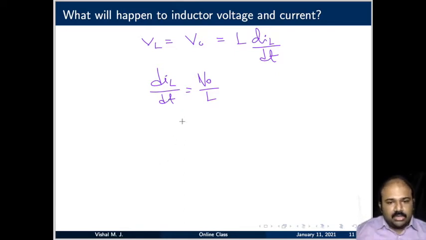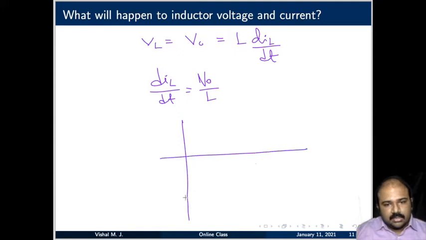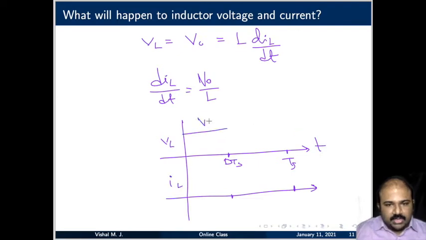If we plot, now what have we plotted so far? We have seen that when the switch is on, that is dTs and up to Ts, this we have seen in the previous slides. It was equal to V in and the current was linearly rising.